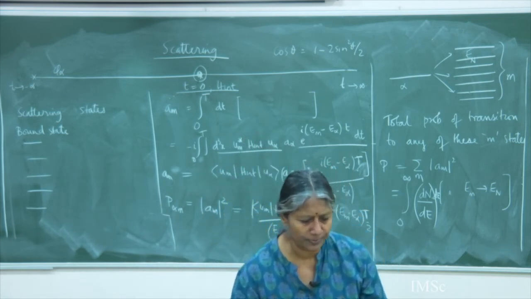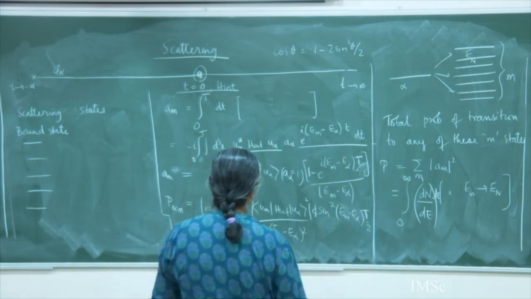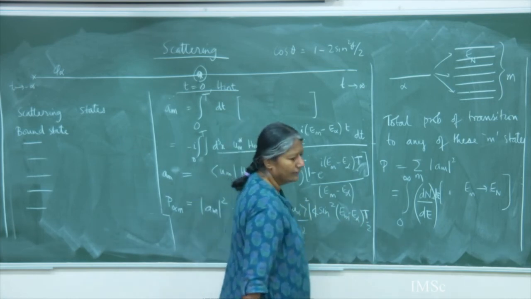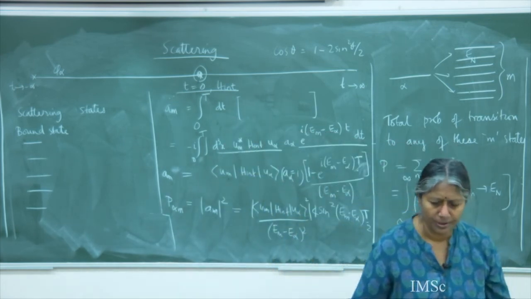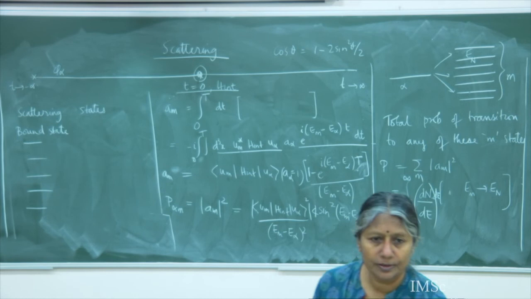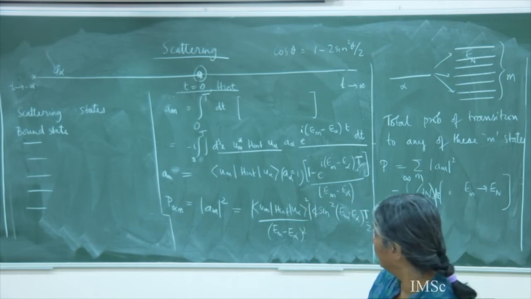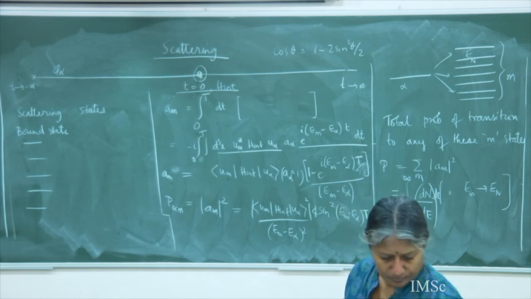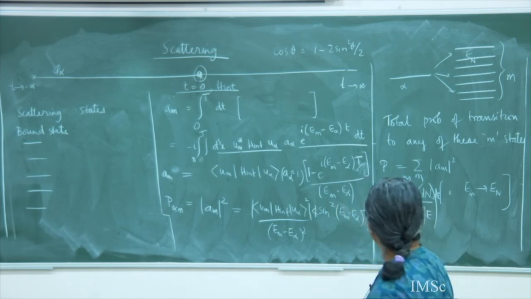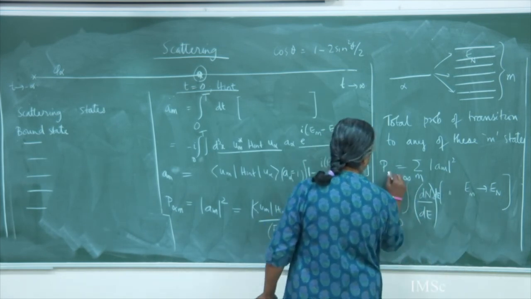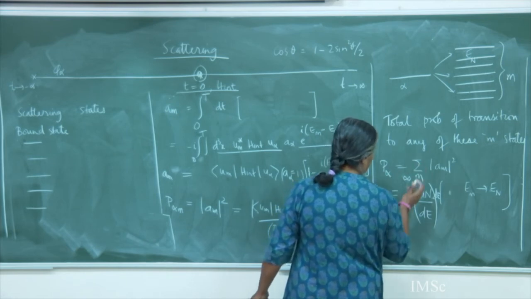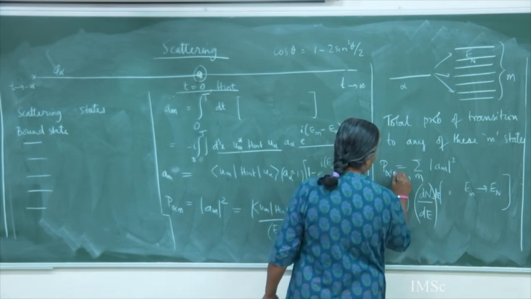I don't know whether you remember these formulae, but 0 to infinity of sine squared of this quantity will give me pi. Ma'am, this total probability, sum over |a_m|^2, is this not including the initial state? No, this is the probability from alpha, right? Alpha to some collection of states n.